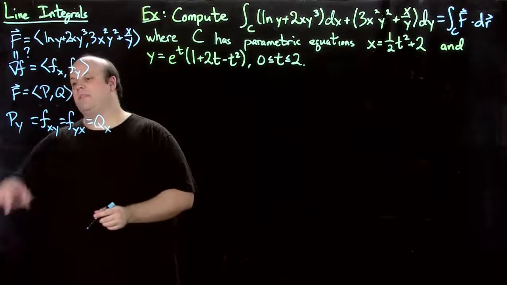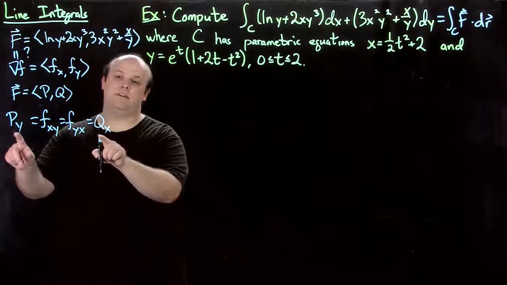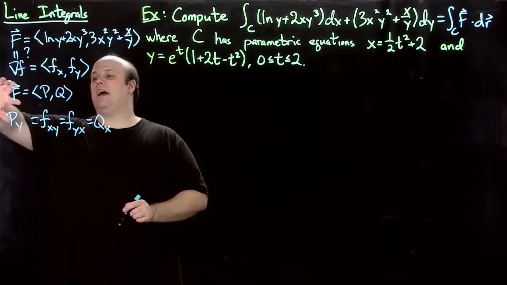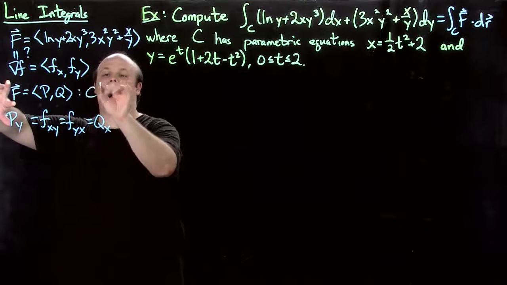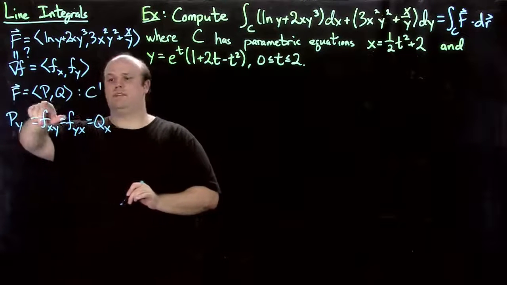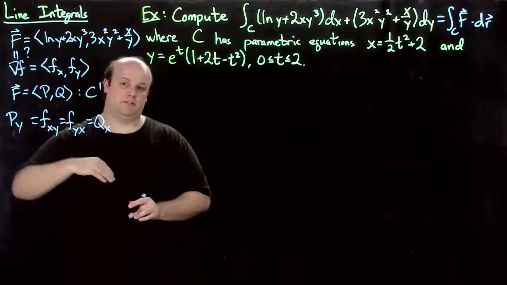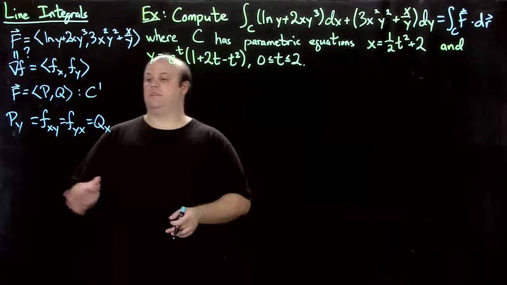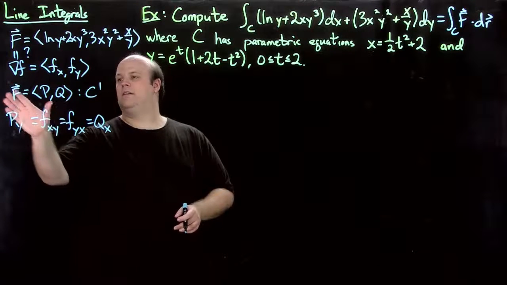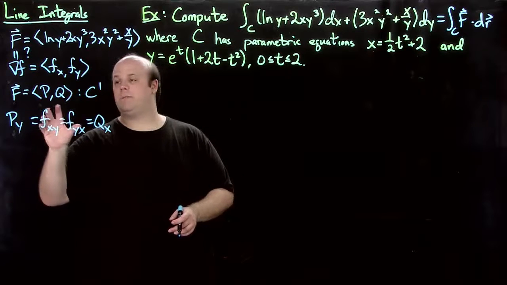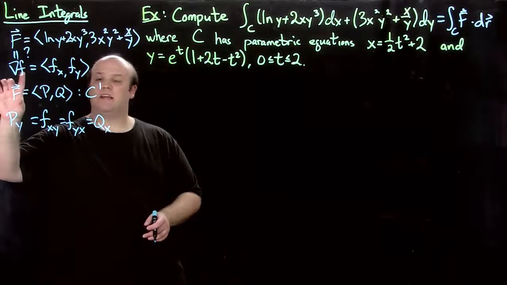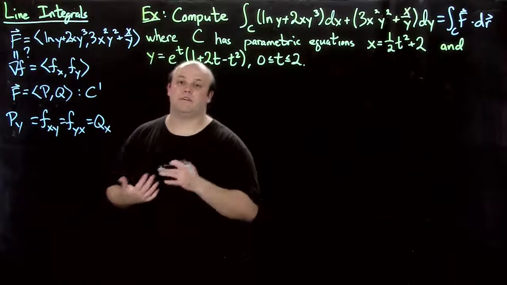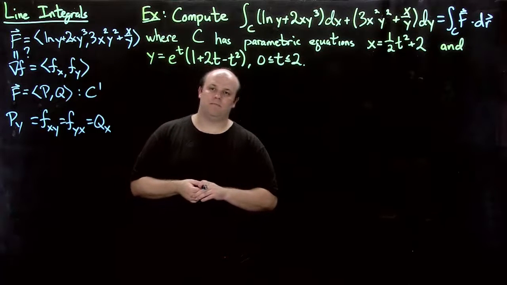So in other words, if Py is equal to Qx, and F here should be a C1 vector field, right? So P and Q are both C1 functions. If that's true, then we can expect that F might actually be a conservative vector field, all right?